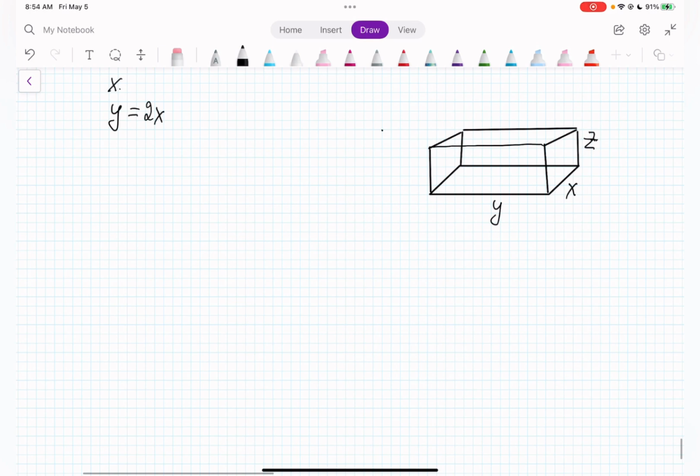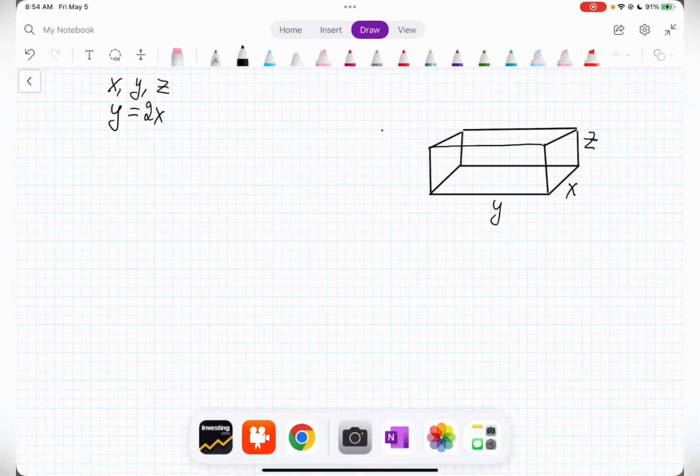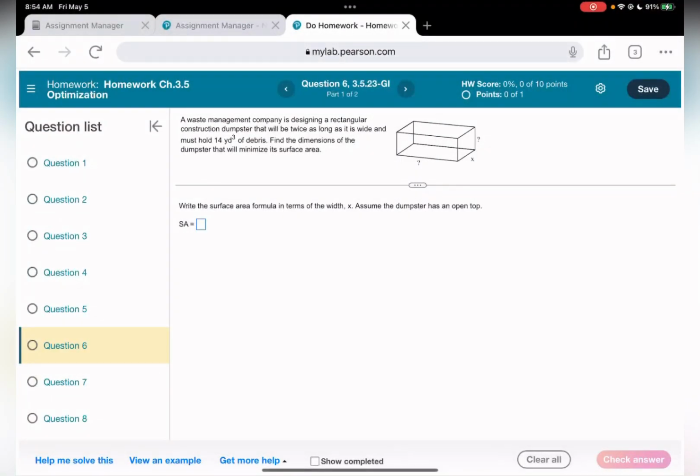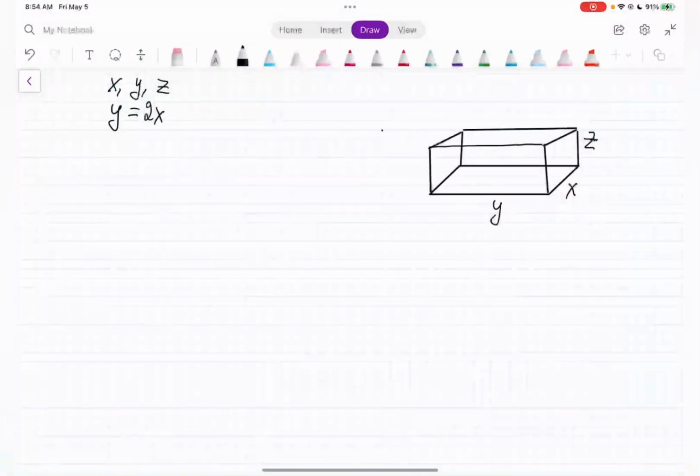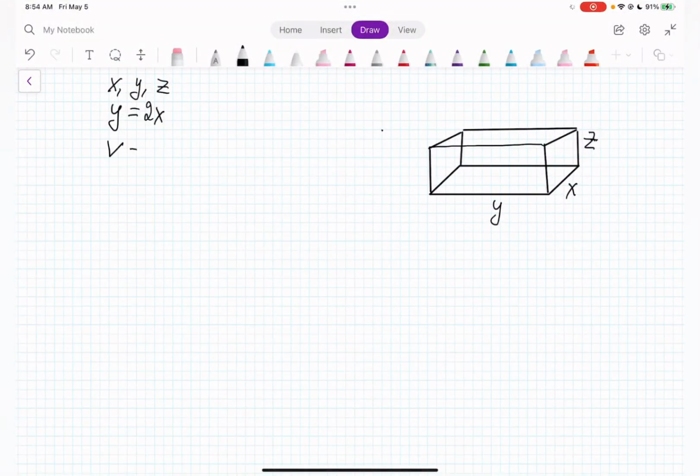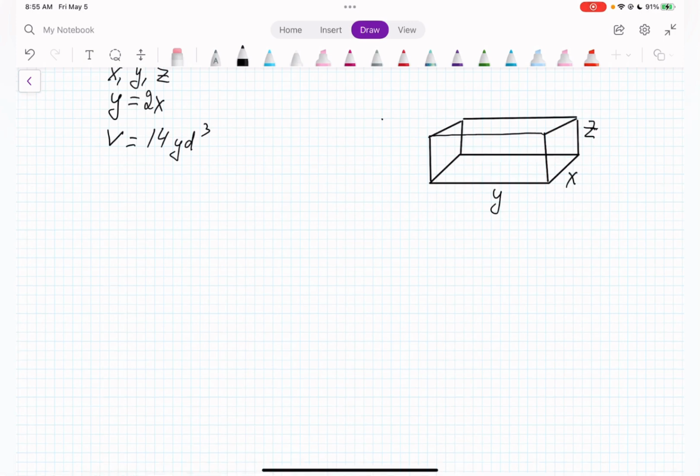So our sides are X, Y, Z. And it must hold how much? 14, let's double check. Yes, 14. Volume must hold 14 cubic yards of debris. We need to find the dimensions of the dumpster that will minimize its surface area. Let's start working.